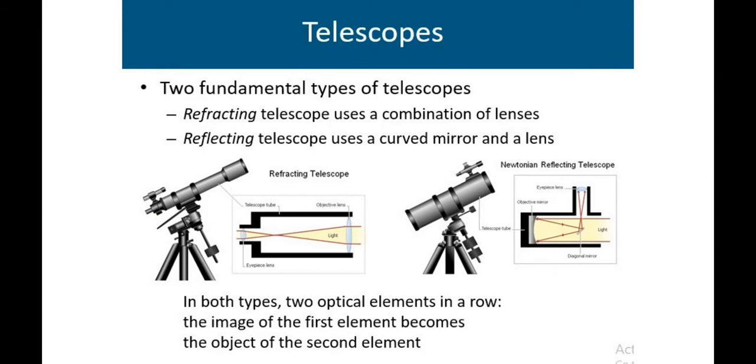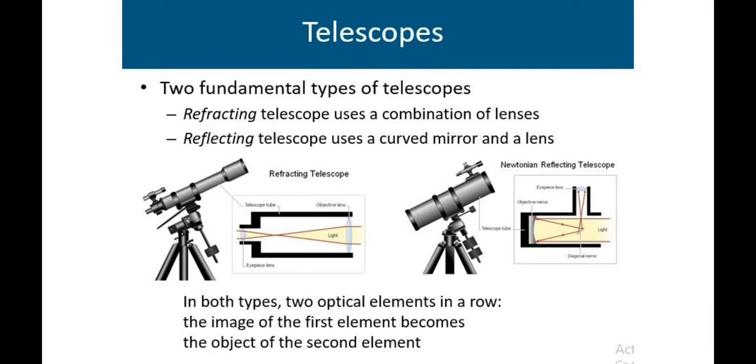Okay, let's consider the telescope. Again, we have different kinds of telescopes. One kind of telescope is made from lenses. Here is a refracting telescope, two lenses, with an objective lens and here an eyepiece lens.